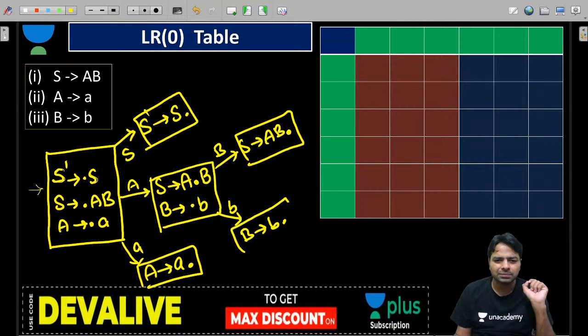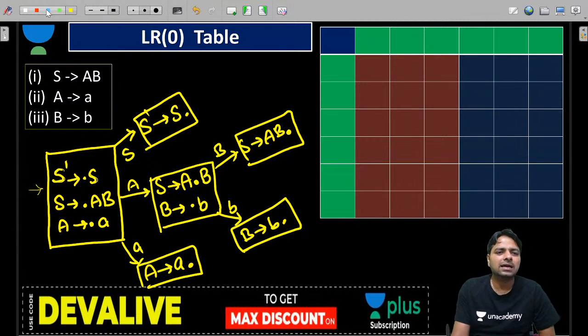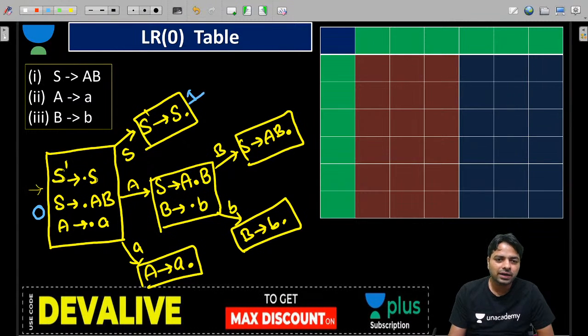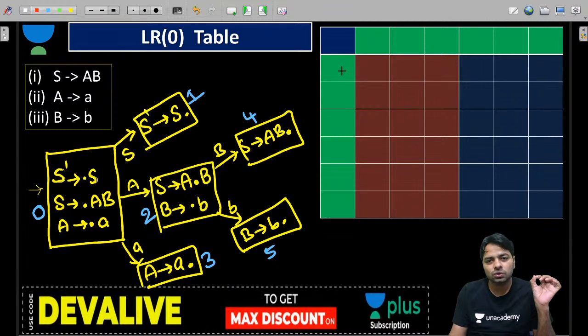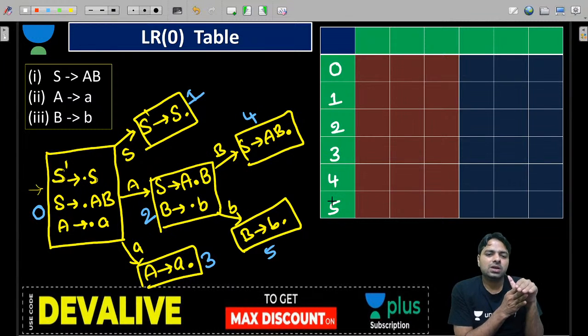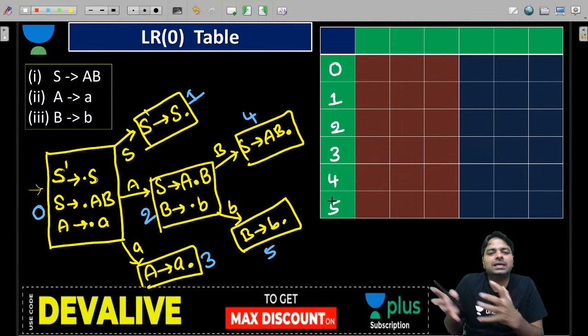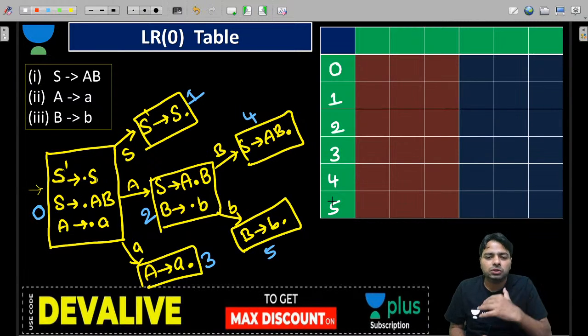Now, using this diagram only, we build the table, guys. I'm numbering the states to make it easy: 0, 1, 2, 3, 4, 5. How many rows should we have? We should have 6 rows, 0 to 5. Clear? Every row is nothing but a state, so state corresponds to row.